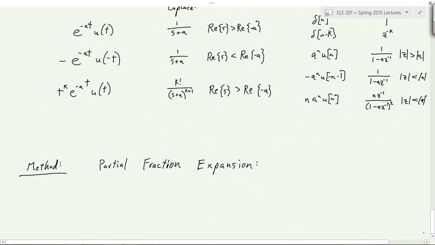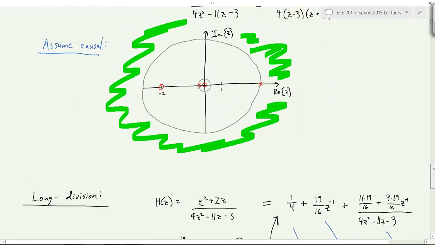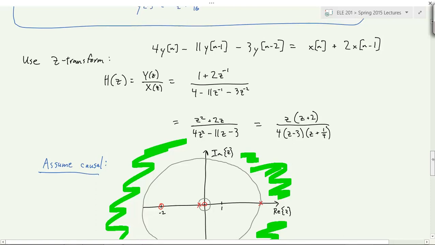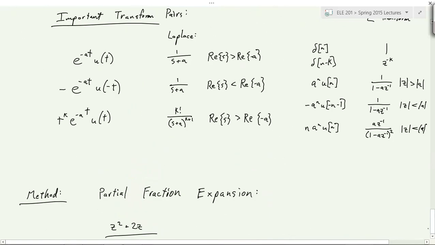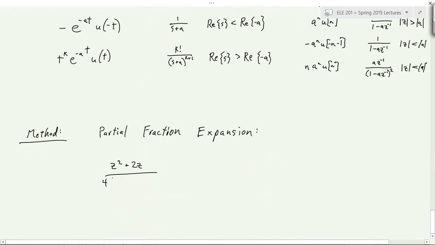Let's write that out. You take whatever your Z transform is, like z squared plus 2z over, actually, it's better if I factor the denominator. So what was the factored version? It was z minus 3/4 times z plus a fourth.